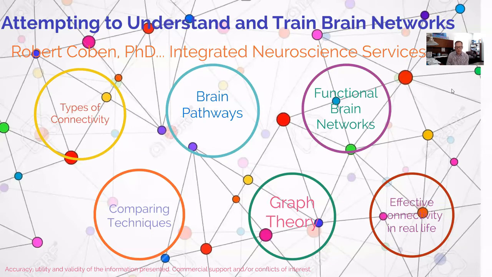As you can see from your initial screen, we'll deal with 6 general categories of topics, going from different types of connectivity that can be measured to comparing these approaches, to a brief introduction to some actual structural brain pathways, then to an understanding of graph theory analysis, which will lead us into functional brain networks. And then, can we actually measure effective connectivity in real life in our everyday practice and patients?